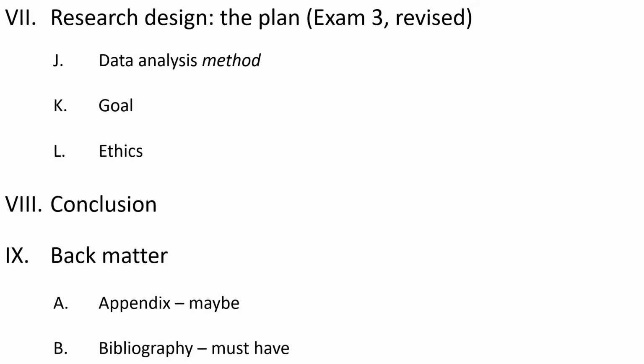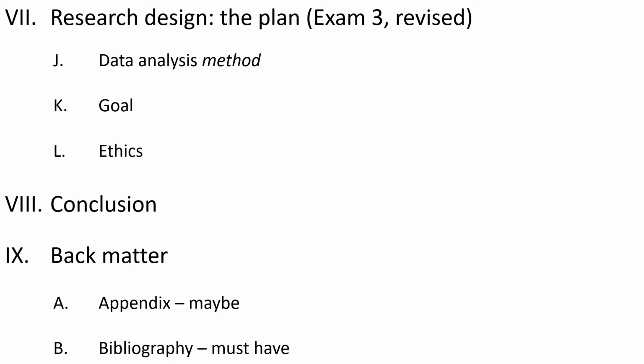So the data analysis method. Once you gather all this data, how are you going to crunch it? It's pretty straightforward. In the paragraph, in the prompt, I give a number of possibilities. Pick one of those, or if I've missed one or two from the book, pick another one. That's okay.